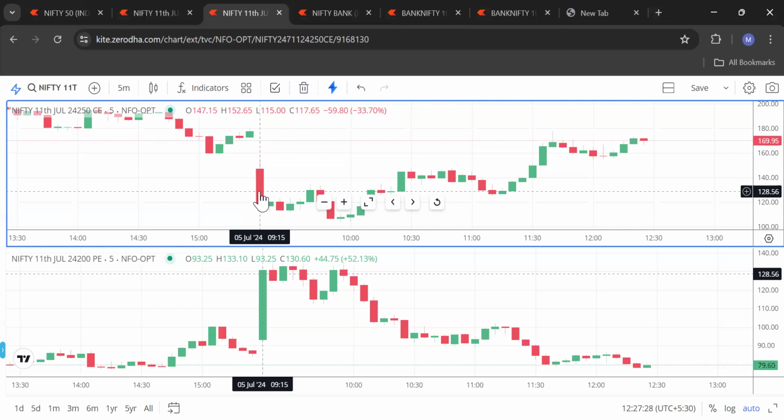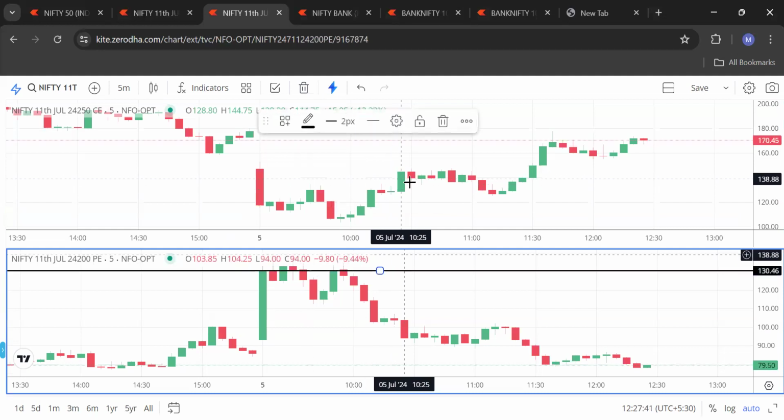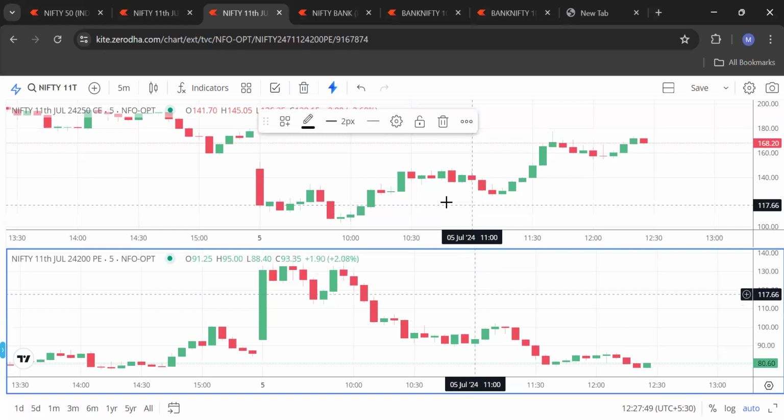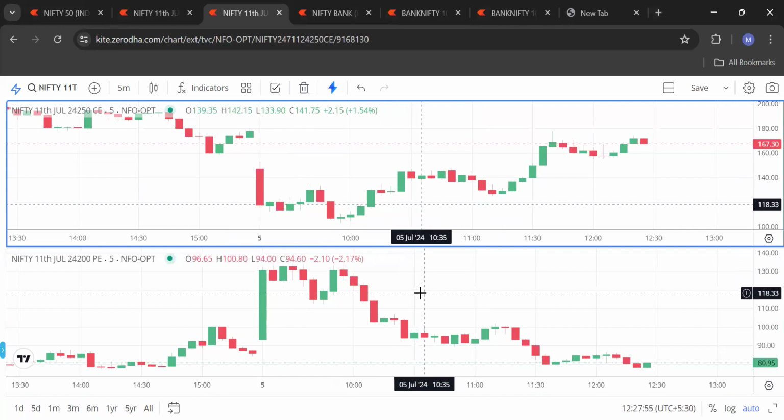Now before swapping, as per our method, we should swap, right? So as per our method, 152.65 and 115 will go on this. Let me do this. 152.65 and 115.